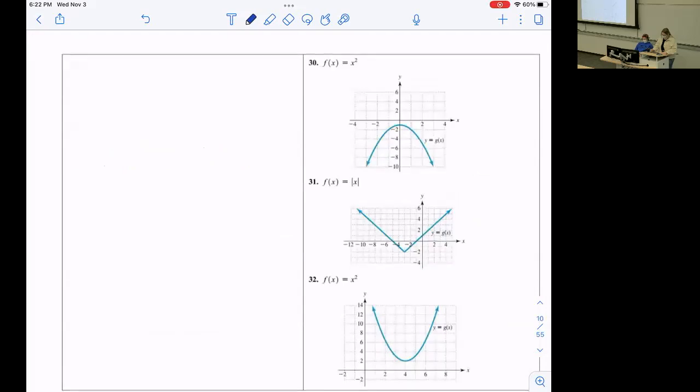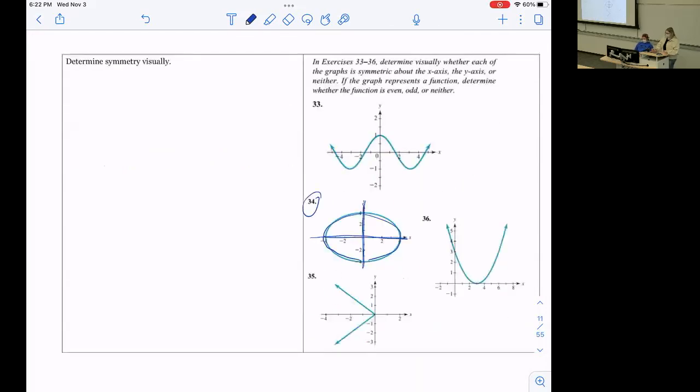We know that if it has symmetry across the y-axis, f of negative x will equal f of x. And if it has symmetry across the x-axis, f of negative x will equal negative f of x.